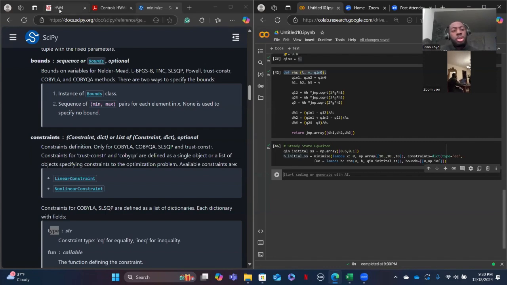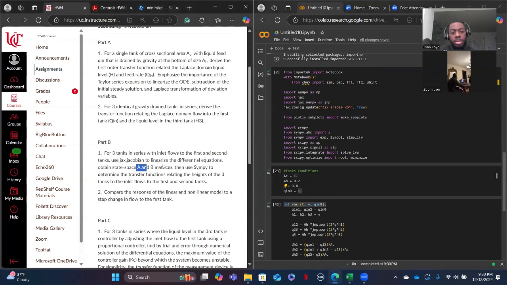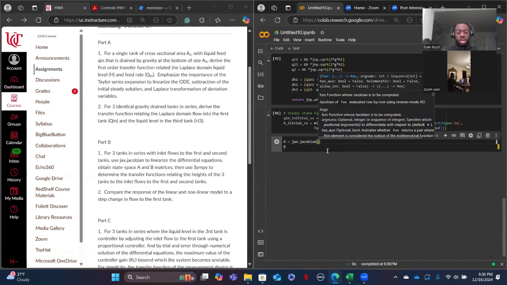So what we want to do now is figure out what our A and B will be for our system. So A and B. Okay. And for this, like it says in here, we need to use Jacobian. Jacobian, which will be utilizing our right-hand side equation, and this should be the first one.